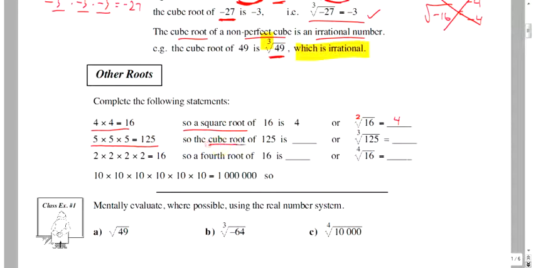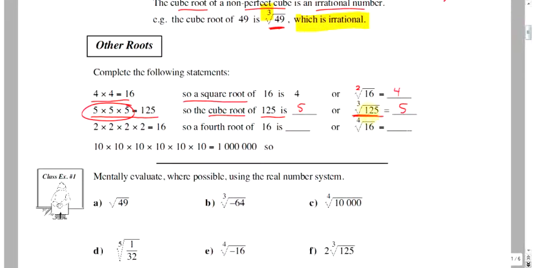So the cube root of 125 is 5. That's what it means. This is it without words, the cubed root of 125. Okay, that's what that says. There is a number multiplied by itself 3 times to give us this. So I can take the cube root of it. That is a perfect cube, 125.